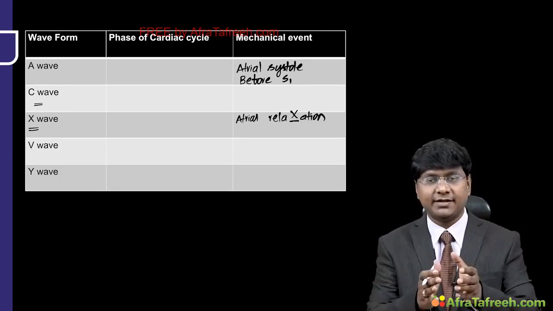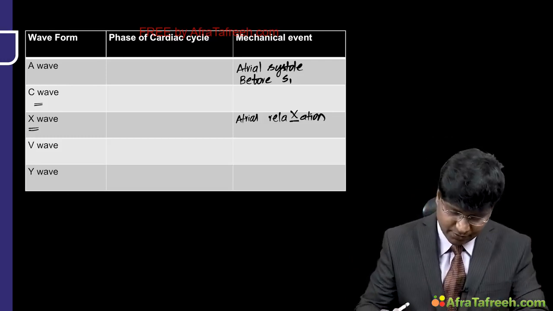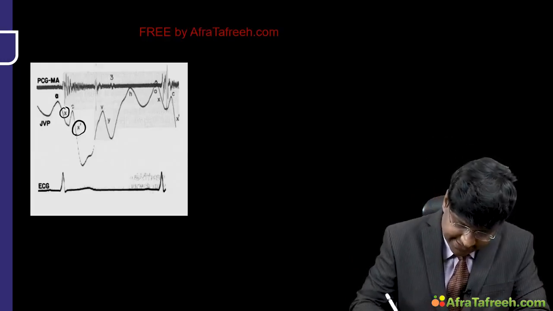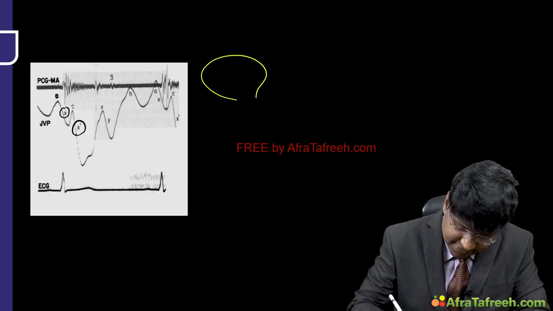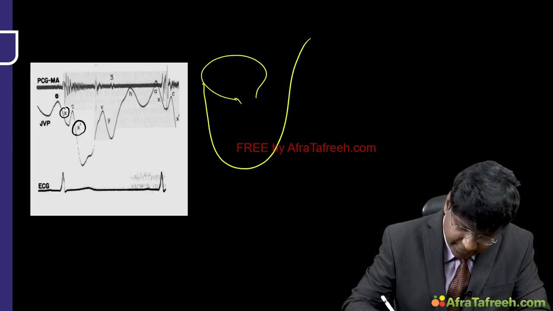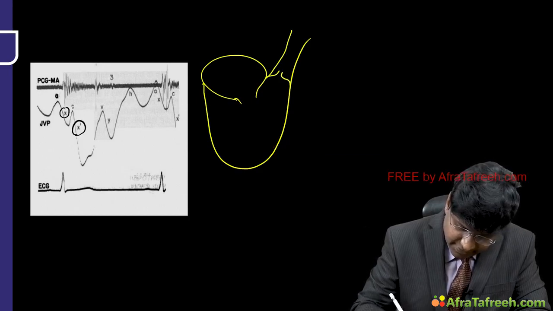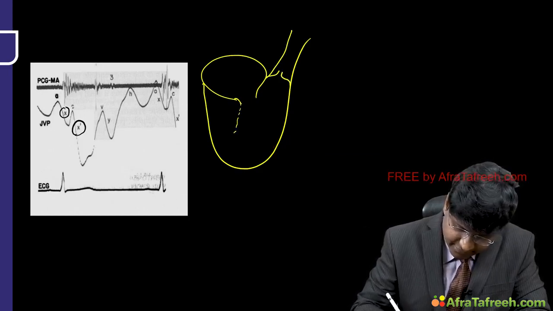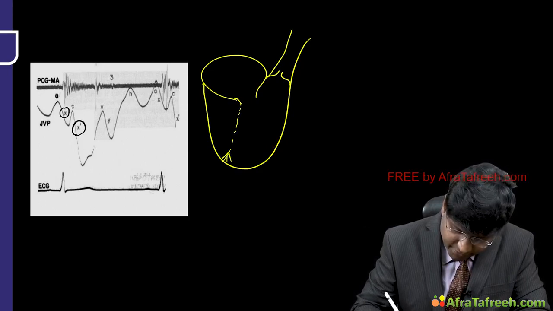Ventricle will be contracting. Let us assume this is the right atrium and this is the right ventricle, and this is the tricuspid valve which is connected by chordae tendineae to the papillary muscles.